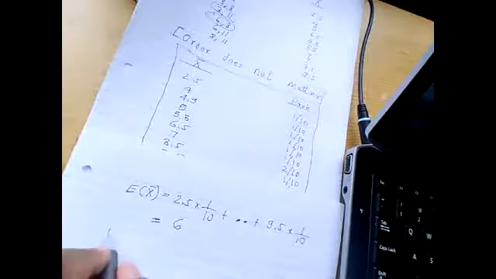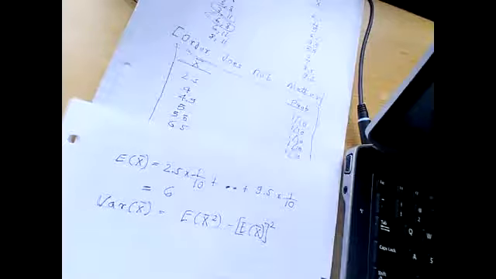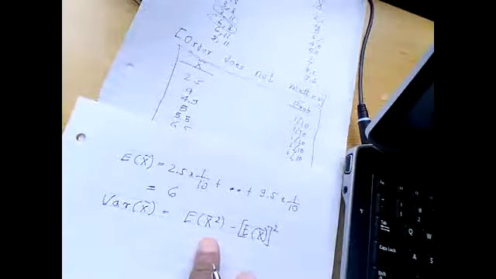Next, the variance. To find the variance of X bar, you use this formula, which is what I used earlier several times. To find this, I'm going to use the table one more time.